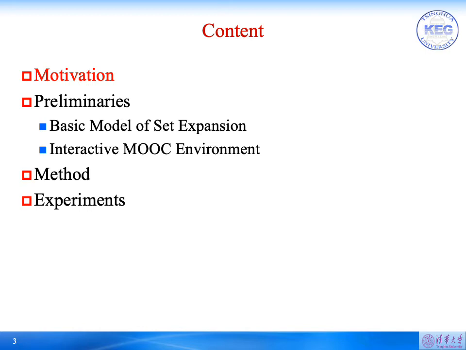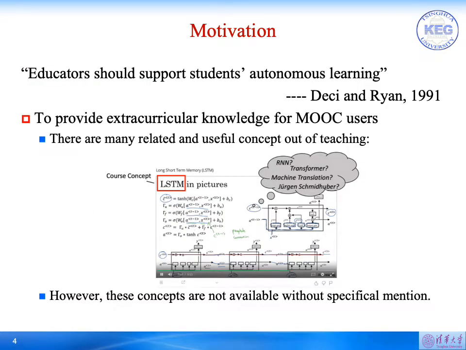First, I will introduce why we need to do the course concept expansion task in our scenario. In the education domain, there is a saying that educators should support students' autonomous learning by providing extra knowledge of a course.